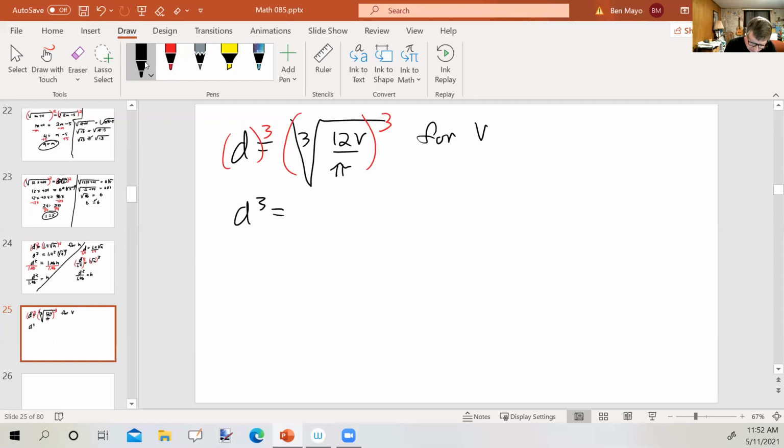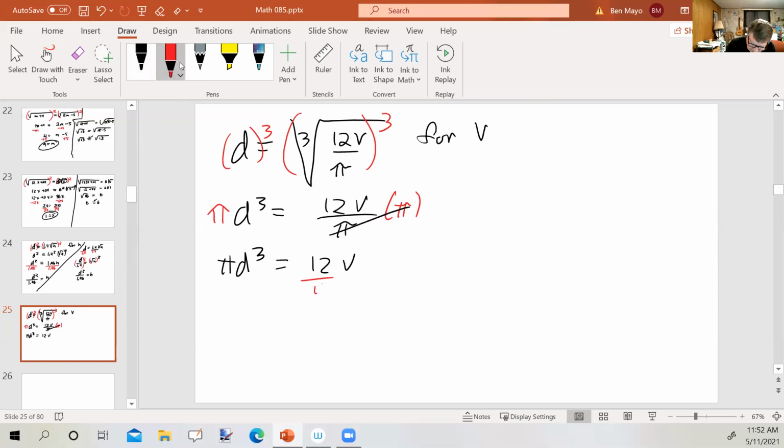We get d cubed equals 12v divided by pi. But I'm trying to solve for v, so next we'll multiply both sides by pi. So I get pi d cubed equals 12v. Then coming back and dividing by 12, we get pi d cubed over 12 equals v. So we solve for v.